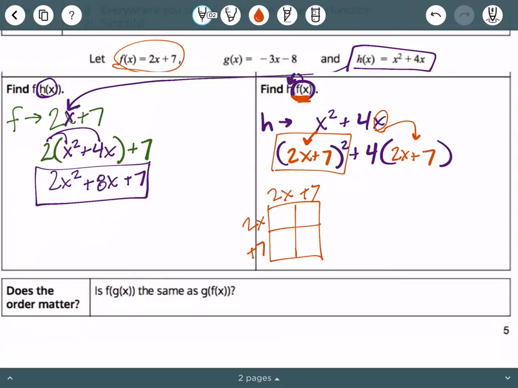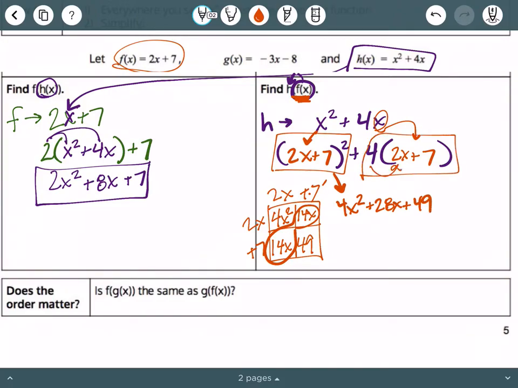I'm going to do 2x times 2x is 4x squared. 7 times 2x is 14x. 2x times 7 is 14x. 7 times 7, 49. So that in that box there is going to be 4x squared plus 28x, that's 14 plus 14, plus 49. Right? I'm also going to do this part here.